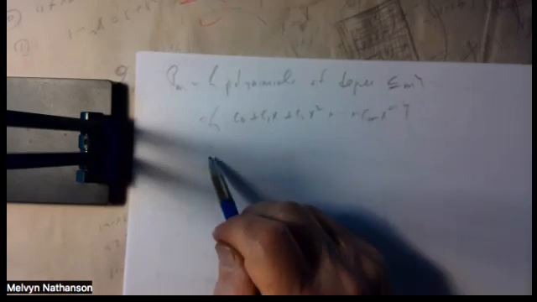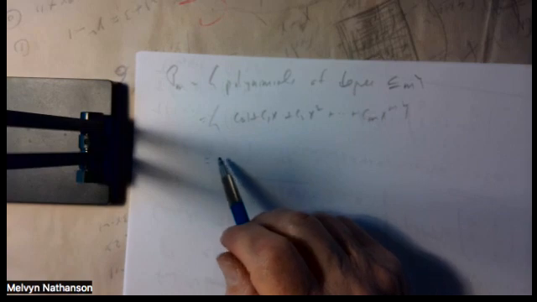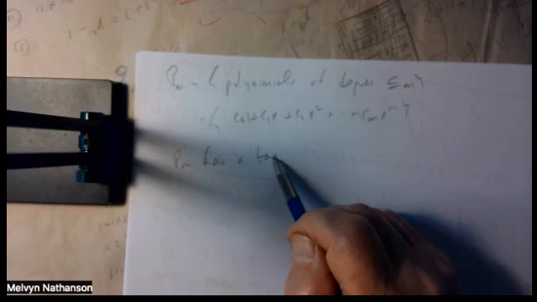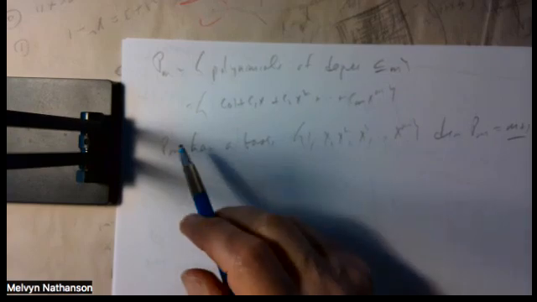And you see this is a linear combination of just these powers of x. This is c0 times 1, which is x to the 0. So P sub m has a basis 1, x, x squared, x cubed, up to x to the m. The dimension of P sub m is m plus 1. So I have m powers of x together with the constant function 1. So the set of polynomials of degree at most m is an m plus 1 dimensional vector space.